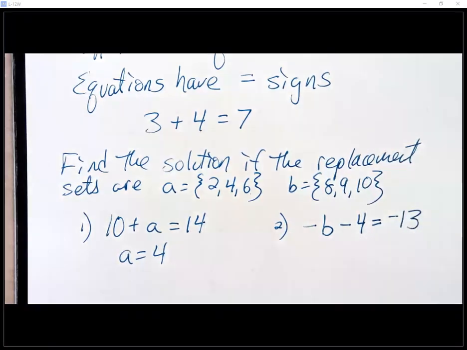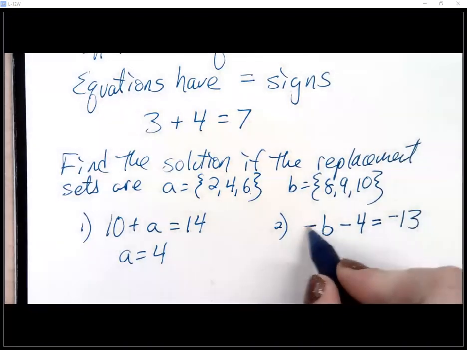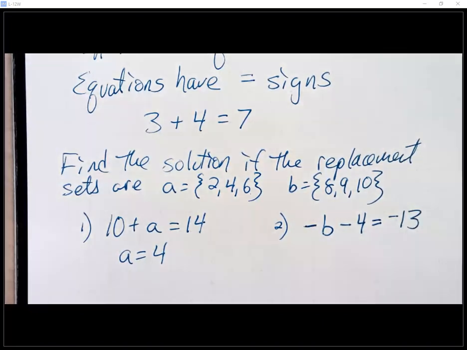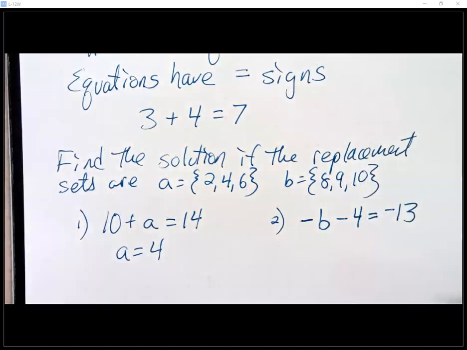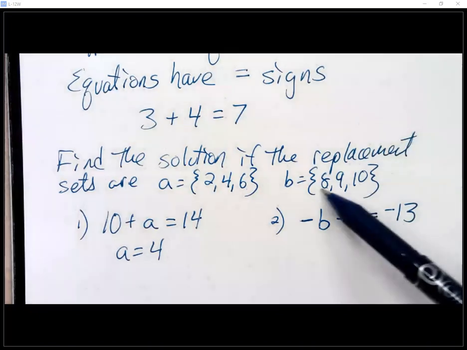So this one's a little bit harder to do in my head because I don't know what these are, but what I can do is use these replacement sets. I know that B can only be 8, 9, or 10. It might seem like it should be 17, but 17 is not in my replacement set. It's got to be one of these 3.